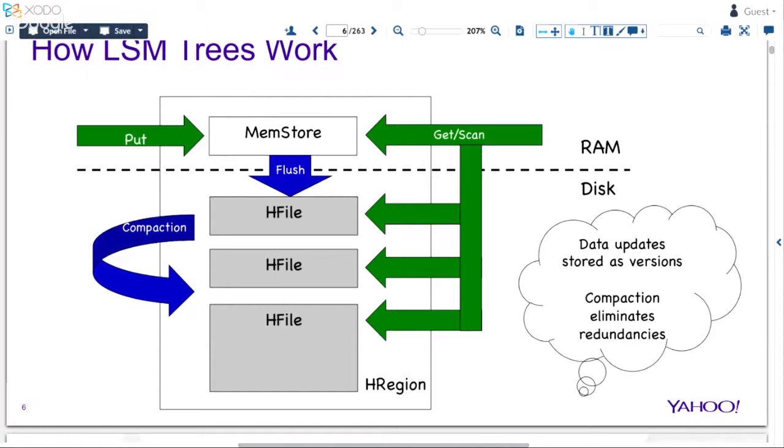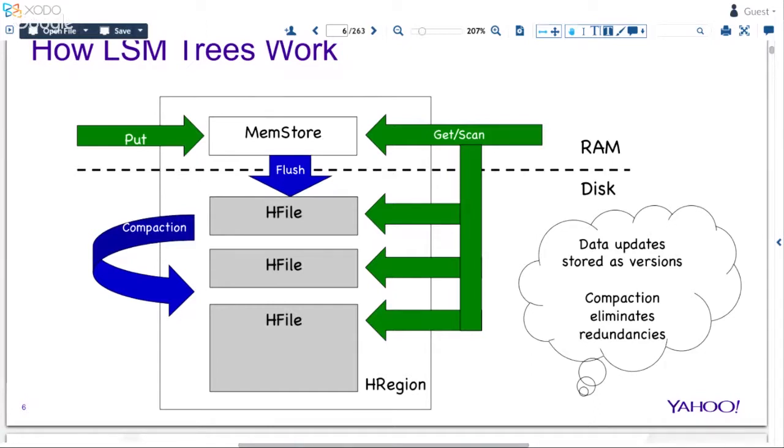So the entire thing is stored as a sequence of versions. The updates to the same keys may be stored both in MemStore and in the HFiles, and we figure out which is the right version at read time.